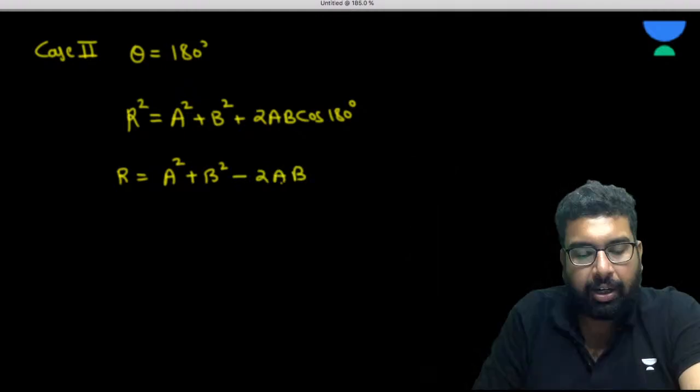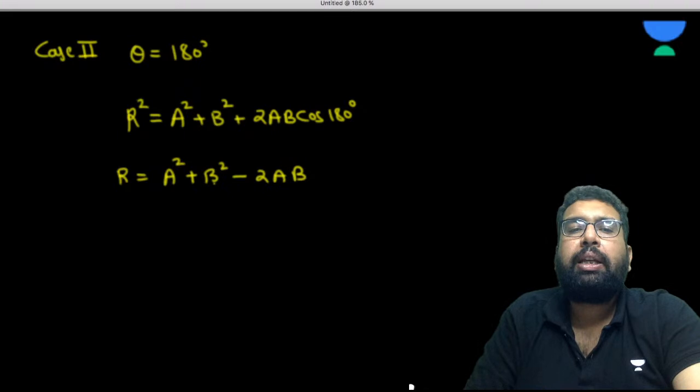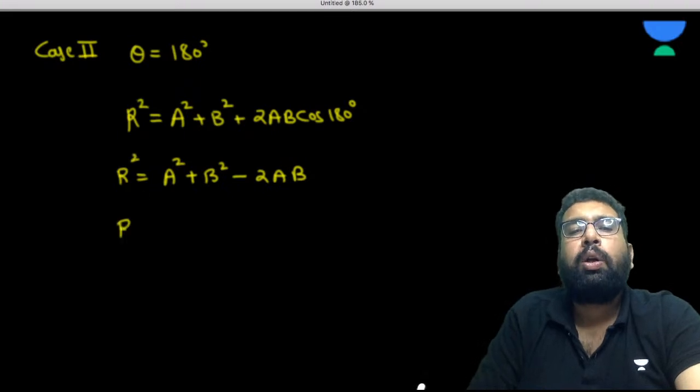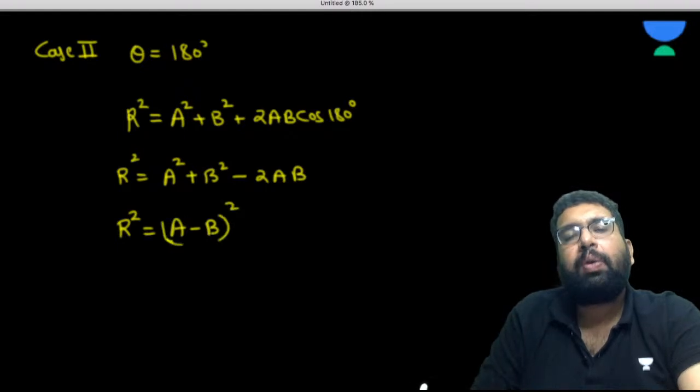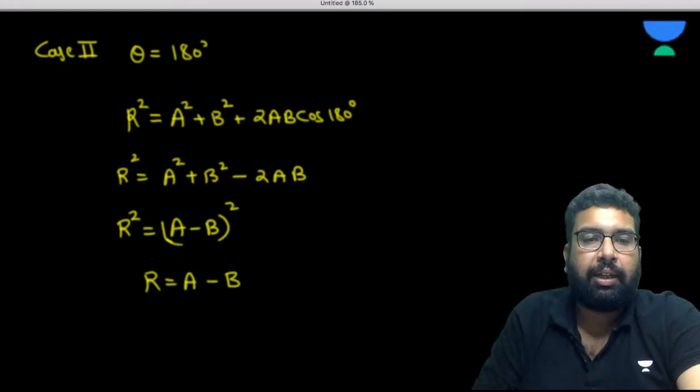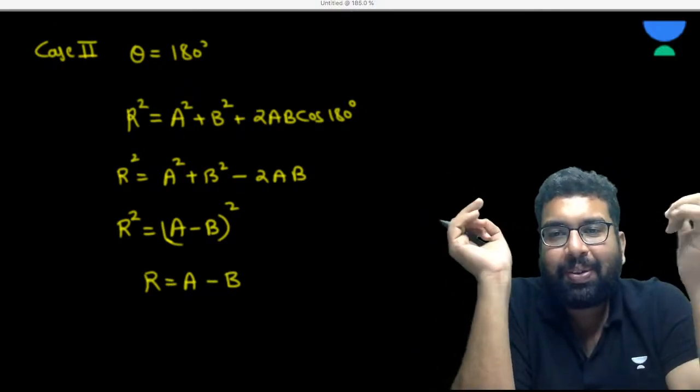Graphically it was easier, but I'm just trying to rephrase this. So (A minus B) whole square. So R is equal to A minus B. So 180 degree means two vectors are in opposite directions, so obviously they are going to get subtracted.